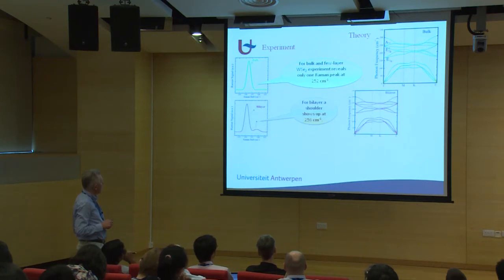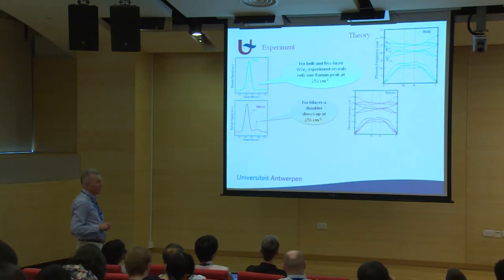If we go to bilayer, theoretically, you do not see any lifting of the degeneracy, while experimentally, you see a second peak appearing. Okay? Which does not agree with the theoretical results.